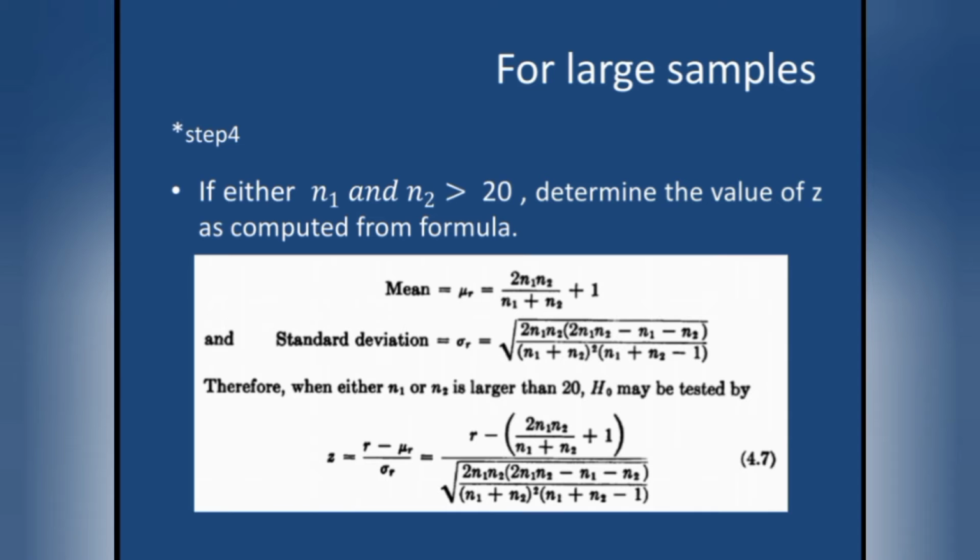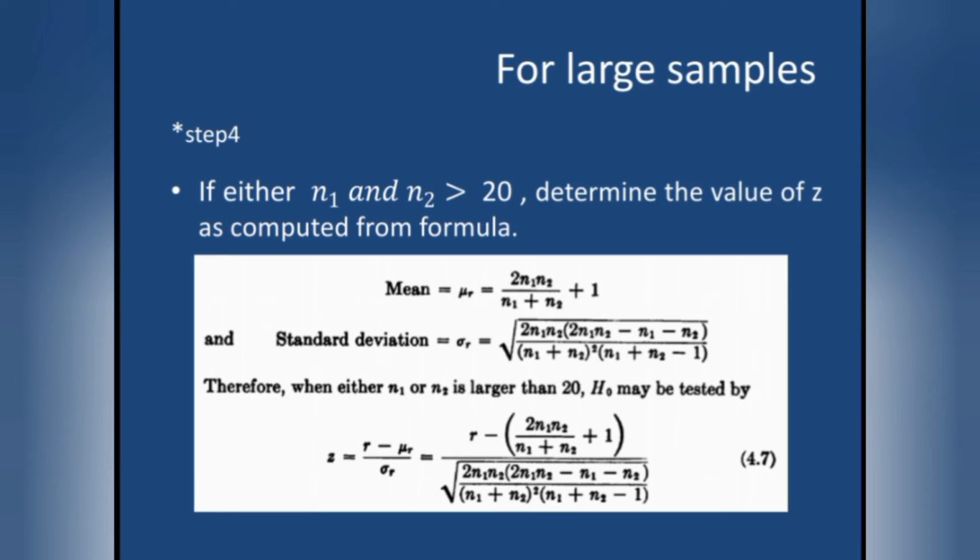Therefore, when either N1 or N2 is larger than 20, our null hypothesis may be tested by the value of z, since the values of z yielded by formula 4.7 under the null hypothesis are approximately normally distributed with zero mean and unit variance.